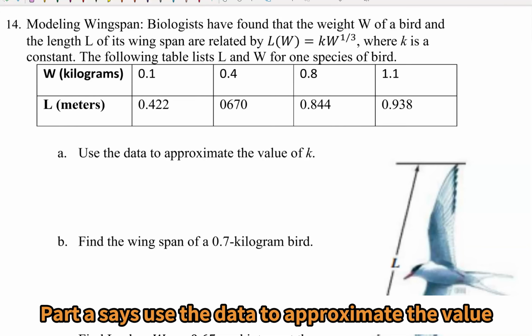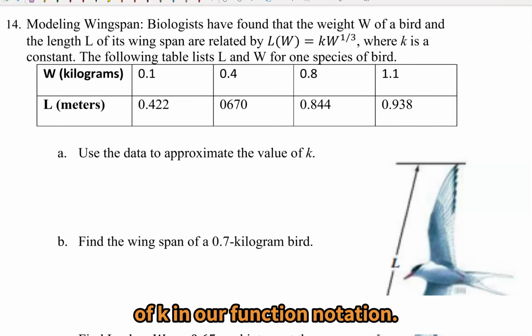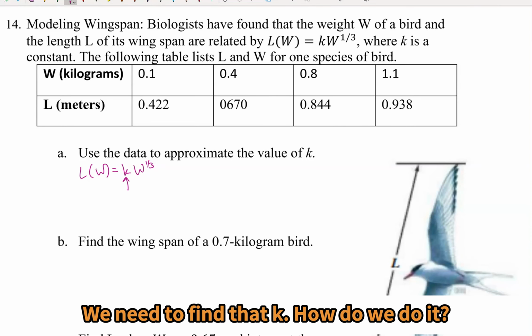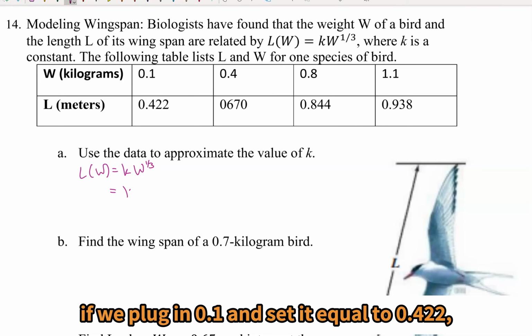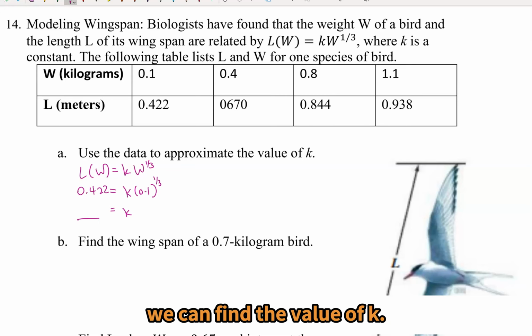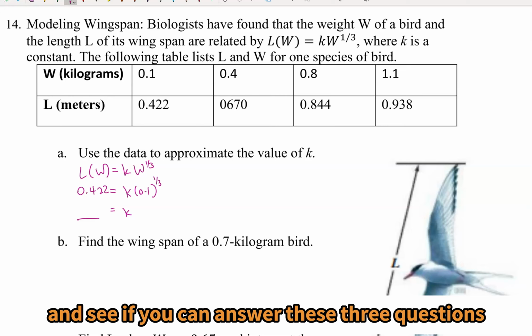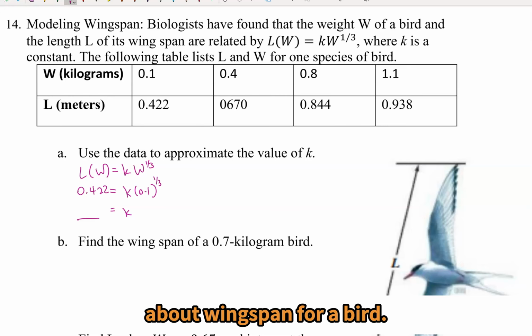Part A says use the data to approximate the value of K. In our function notation, we need to find that K. How do we do it? We try plugging in these numbers. If we plug in 0.1, and set it equal to 0.422, we can find a value for K. Try this on your own and see if you can answer these 3 questions about wingspan for a bird.